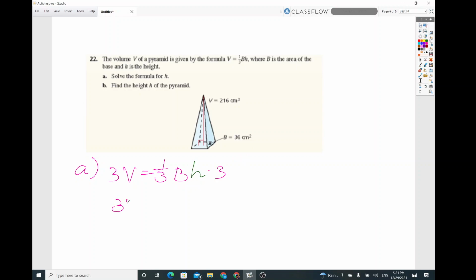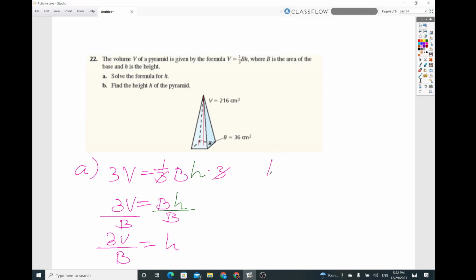We get 3V equals B times H. Then for that capital B, simply divide both sides by capital B. So H equals 3V divided by B.